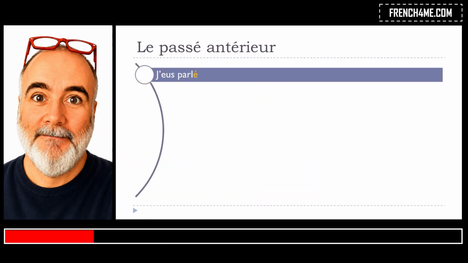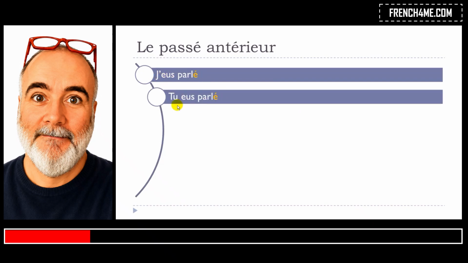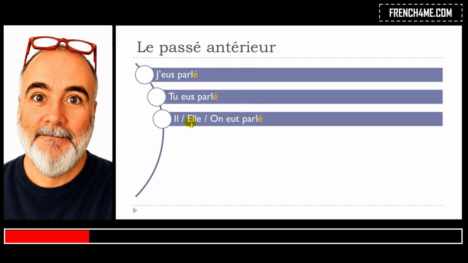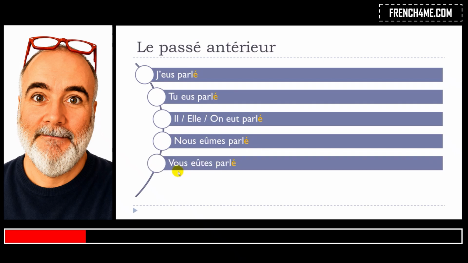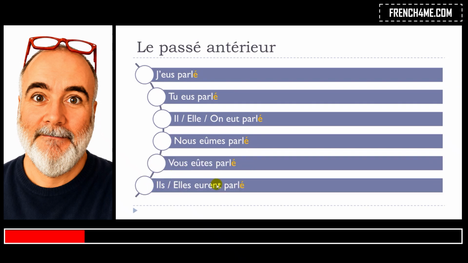Few examples now. I will conjugate the verb parler at the passé antérieur form, and you will get j'eus parlé, tu eus parlé, il eut parlé, elle eut parlé, on eut parlé, nous eûmes parlé, vous eûtes parlé, ils eurent parlé, elles eurent parlé. Okay, so you can see that we've got our participe passé that will end with é.